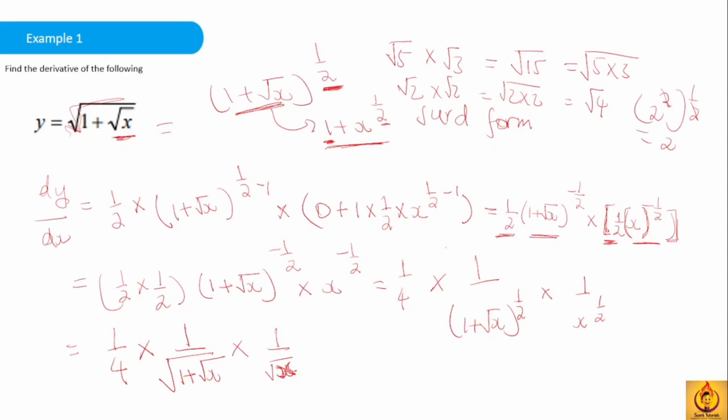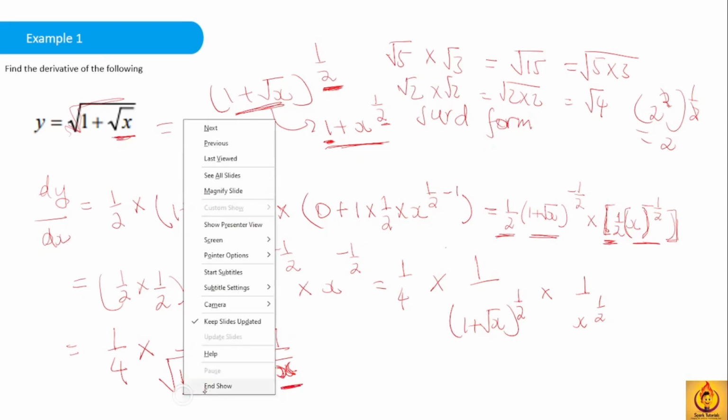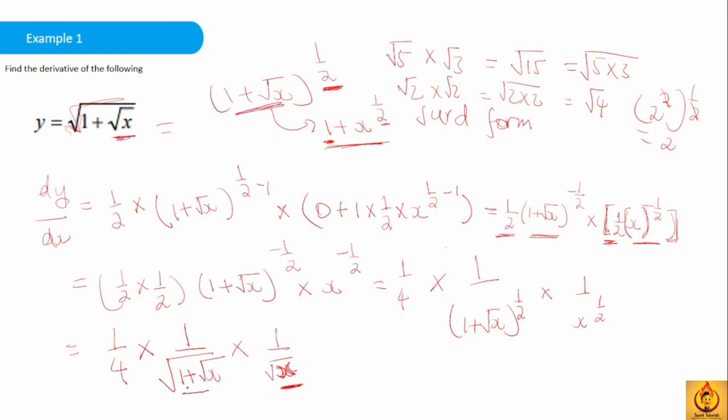So in this case, we have our x here. We have our 1 plus root x, right? Inside this big root, we have this value here, it's one value.